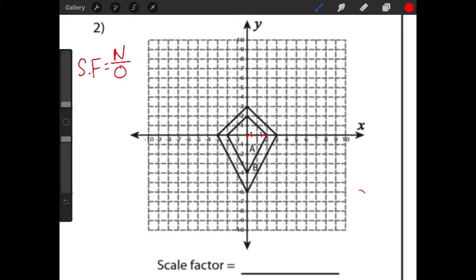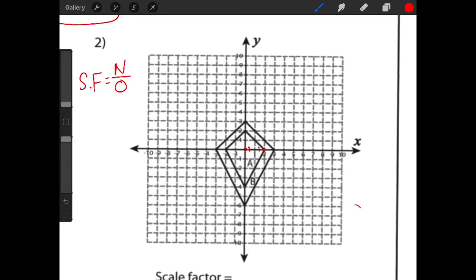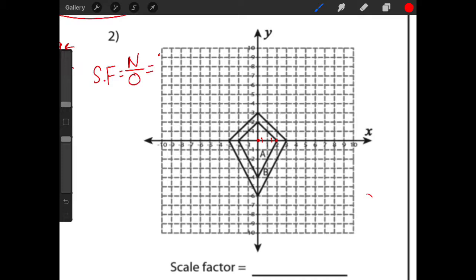The new image is 2 units. So I'm going to put 2 units there for the new one. B is my original, so I'm going to count B. That's from the origin to B's point is 1, 2, 3. So I put 3 as my original. So that tells me that this is a scale factor of 2/3.